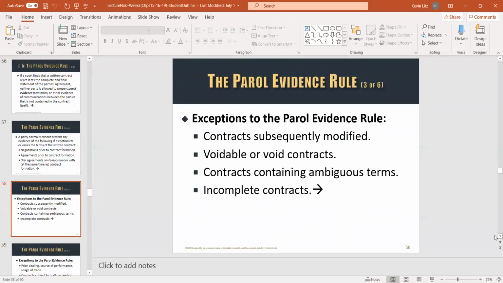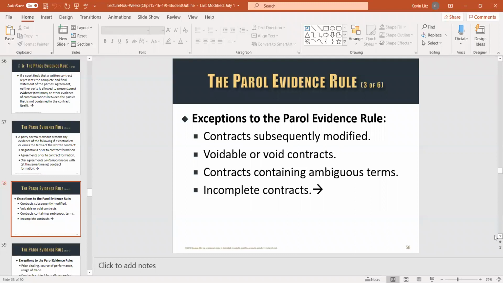The exceptions, as we've seen, to the parole evidence is you say, well, wait a minute, Judge, yes, you have this contract in front of you, but we superseded that one with another contract. So you said you'd paint my house for $500, and then I say, hey, you have to paint the house and the garage for $500. When you showed up with your van, you said, wait a minute, there's a garage also, it's going to be $550.